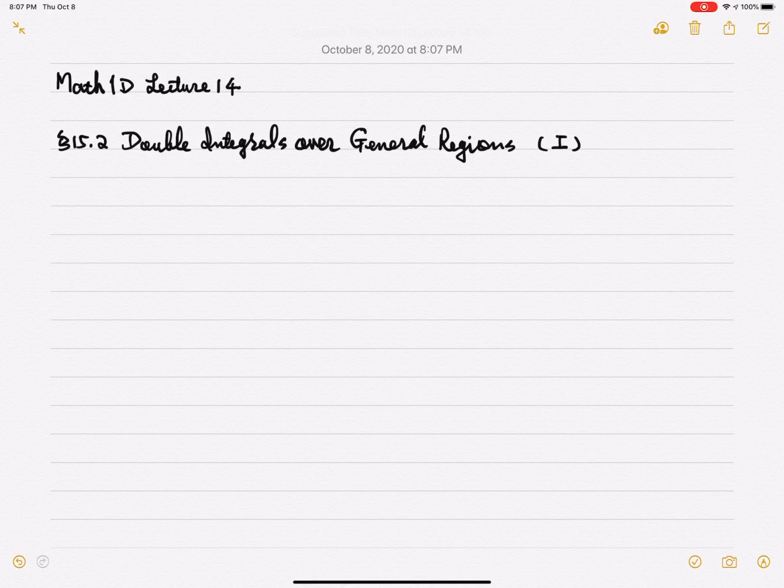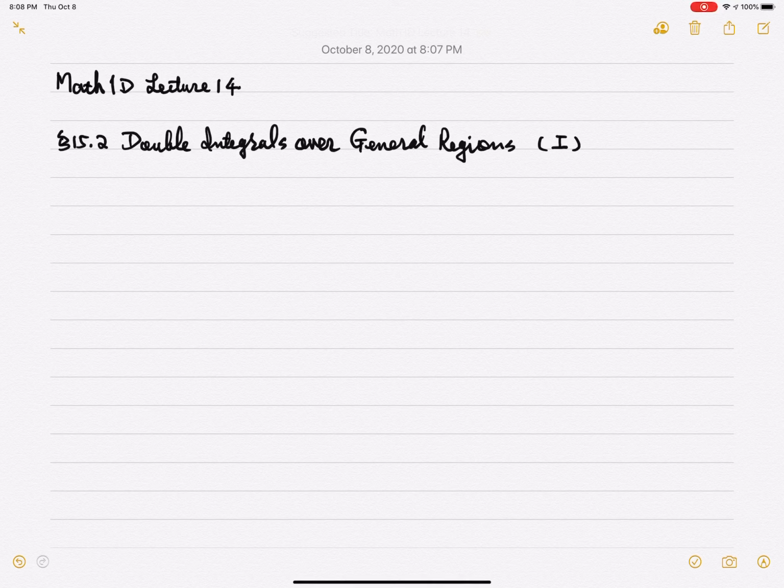The function capital F is equal to the given little f on D, and outside D within the rectangle, the function capital F equals 0. That part I'll let you read the book, and then they talk about under what conditions it is integrable.